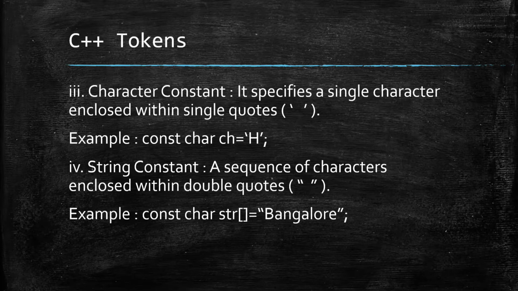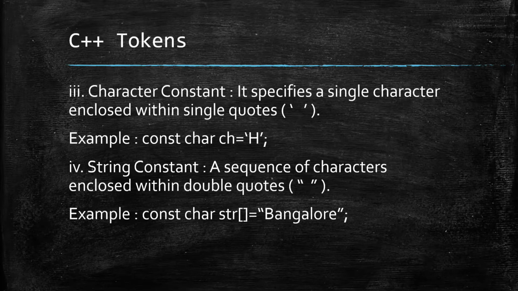It specifies a single character. It holds only a single character and it's always enclosed in single quotes. For a character, the keyword is char, and for constant it's const. We already know that. const is the keyword for constant.